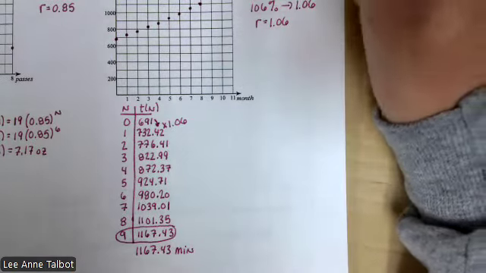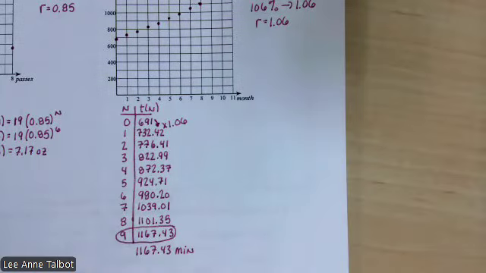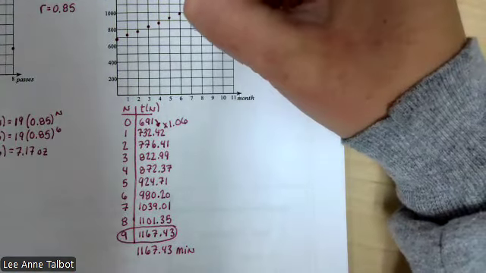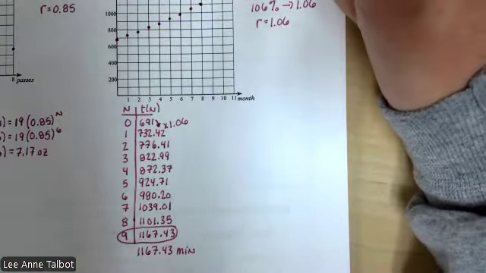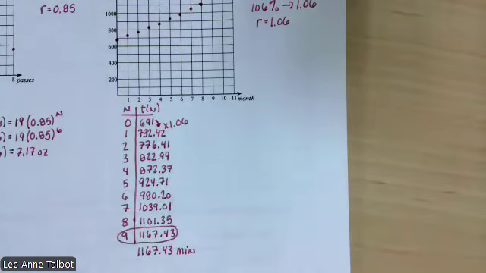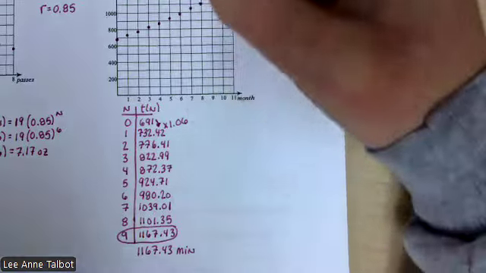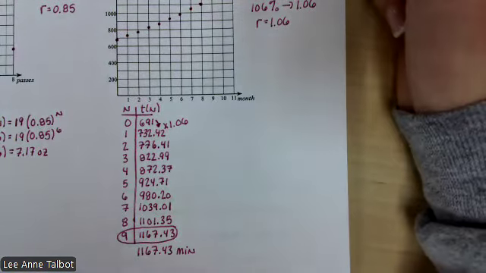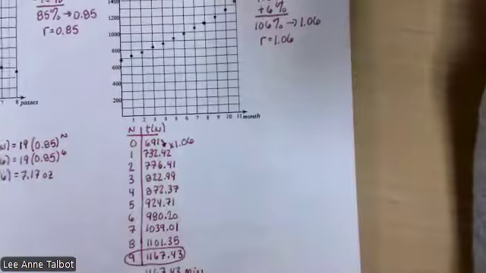1167, 1237, 1311. The curve is there. It's very subtle, but it's there.